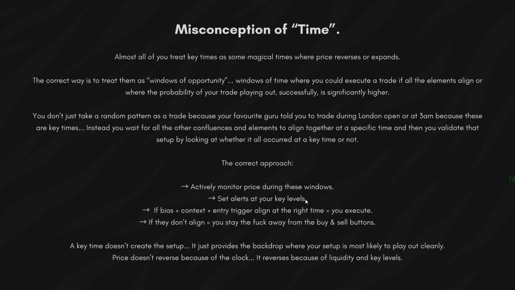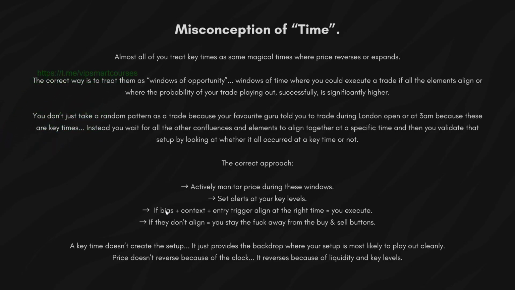But if only the entry model or the context is present at the right time, then you don't execute, because you still have to wait for the bias. You don't just take that trade because you have a context and an entry model and it has all aligned at a key time, and now you think that it's going to play out regardless of the bias element not being present.